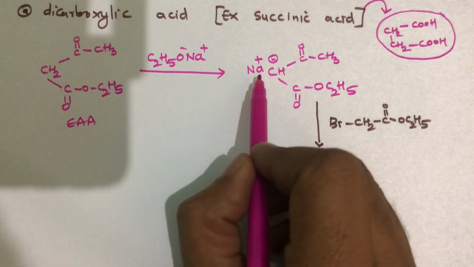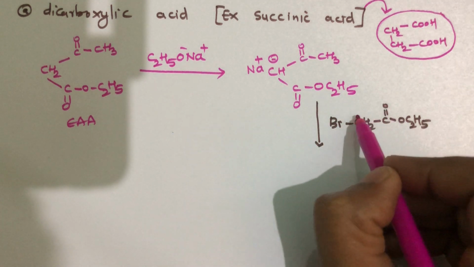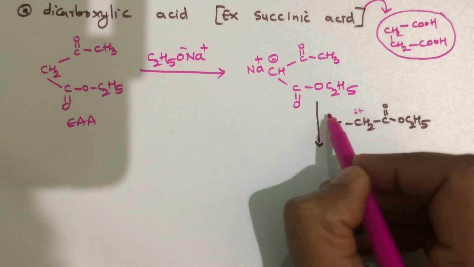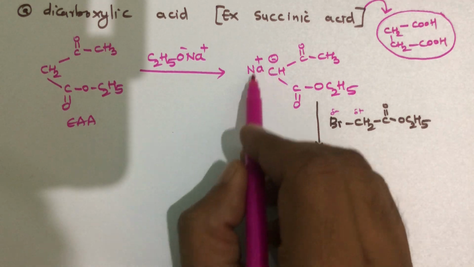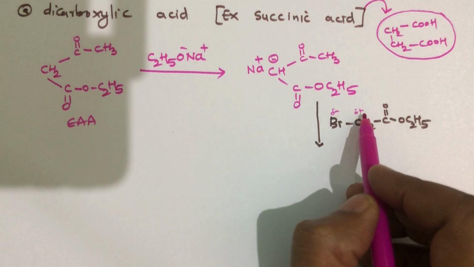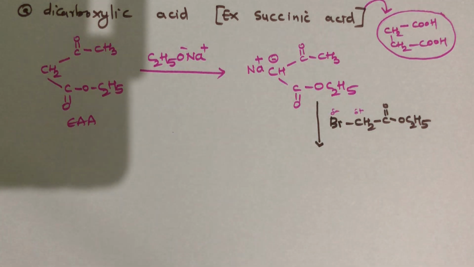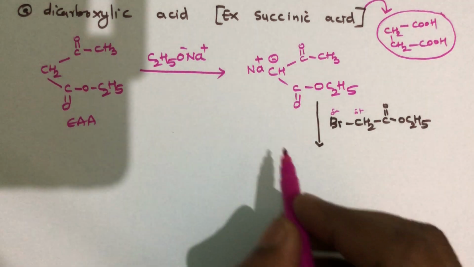So what happens is this: you know that this carbon will be slightly positively charged because there is a halogen atom. So this negative charge attacks it, resulting in the formation of a compound. And the compound goes like this.